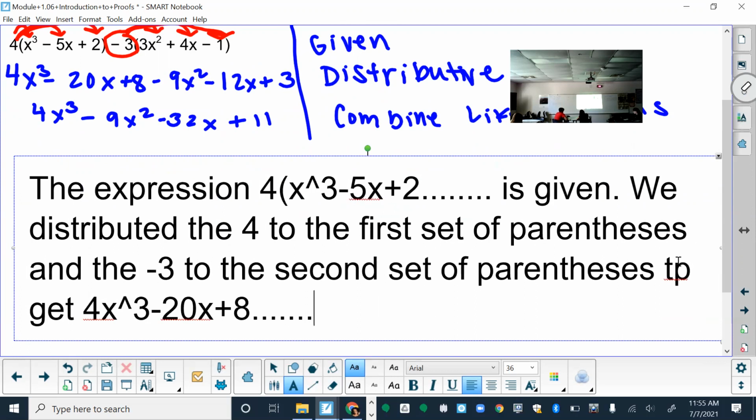And I would keep going until I got to that very last step. And then I would say, after combining like terms, we get this expression, and that is fully simplified, right? So any questions about how we did that?